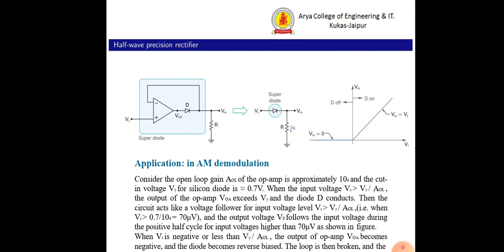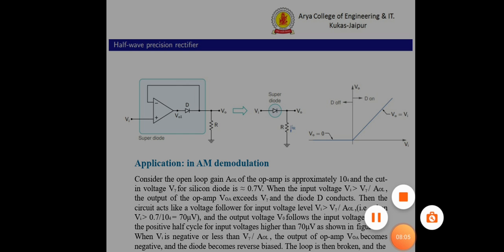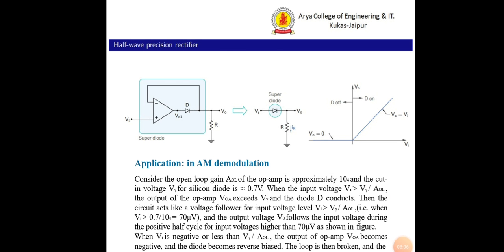This is known as a half wave precision rectifier because the diode is connected along with the output of the op-amp in such a manner that the threshold voltage value decreases by the amount of the open loop voltage gain of the op-amp, which is basically very large, 10 raised to power 4.